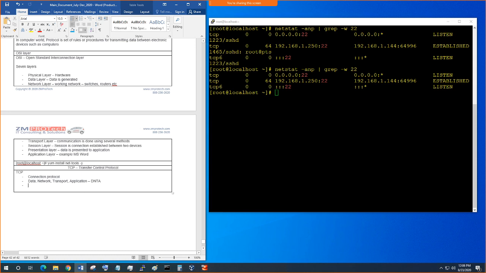It is a connection-oriented protocol, and TCP makes a three-way handshake connection.